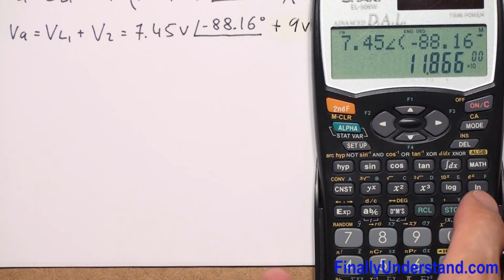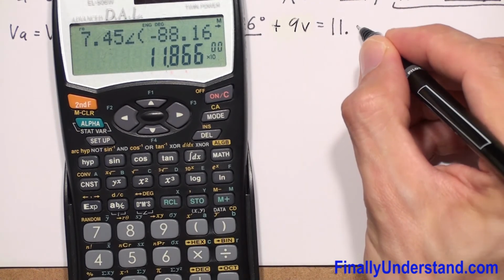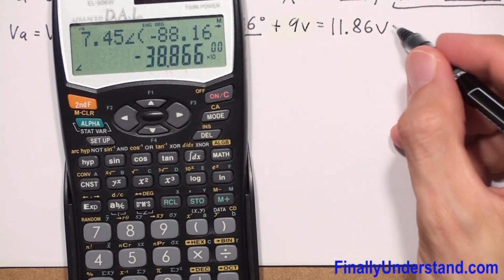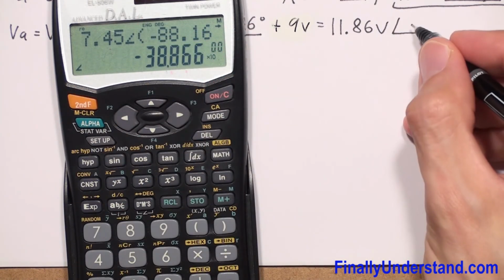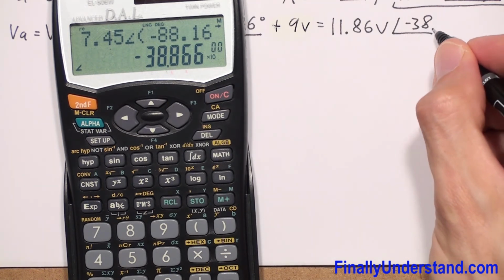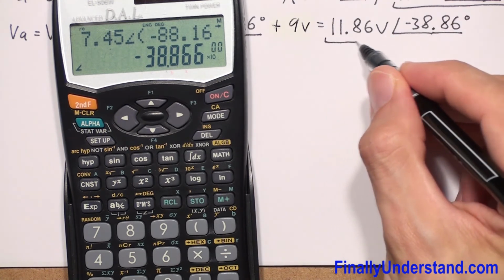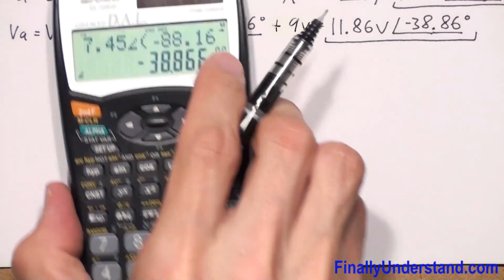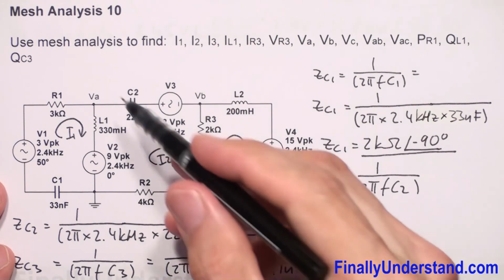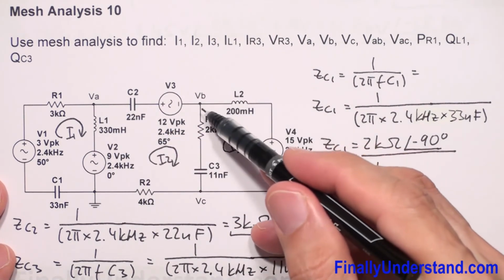This is equal to 11.86 volts and angle of negative 38.86 degrees. Okay, so this is my voltage between node VA and ground.